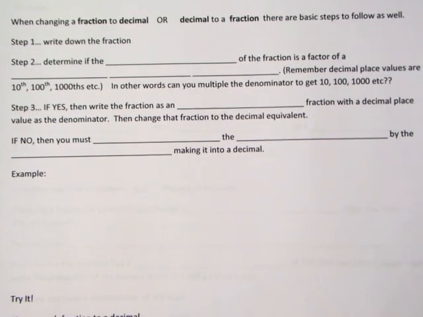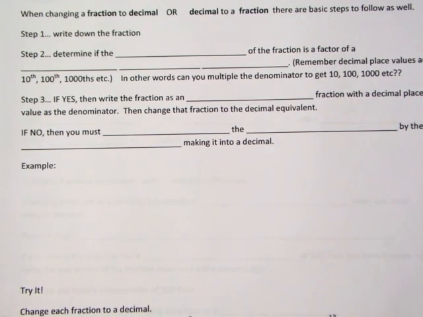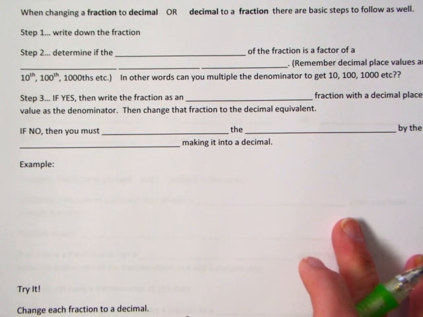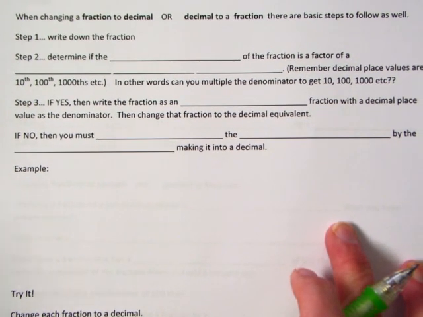So going on with the notes, when changing a fraction to a decimal or a decimal to a fraction, there are basic steps you follow as well. As you can tell, I'm very much a step-by-step kind of person. First thing we do is we write down the fraction.